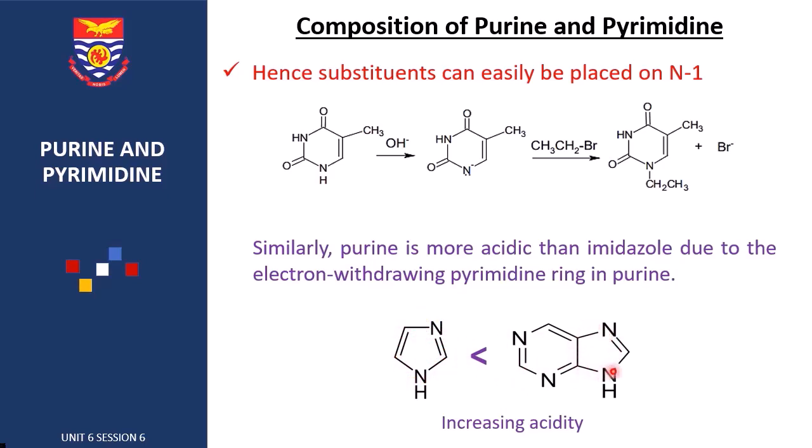So this is the imidazole moiety in purine, here. However, because of the presence of this extra electron withdrawing pyrimidine ring found in the purine, which is an electron pair acceptor, it draws more electrons towards itself and increases the acidity of the purine ring compared to that of the imidazole ring.